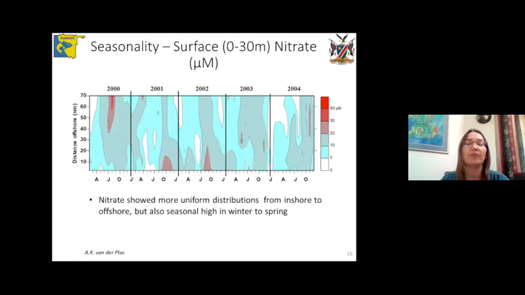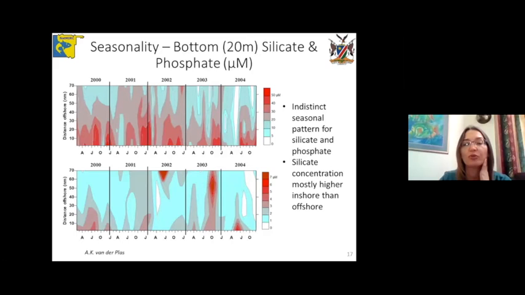And the seasonality we also see in the surface layer, also higher in winter versus in spring, or sorry, surface layer, this is for nitrate, but here there's a little bit more uniform distribution.